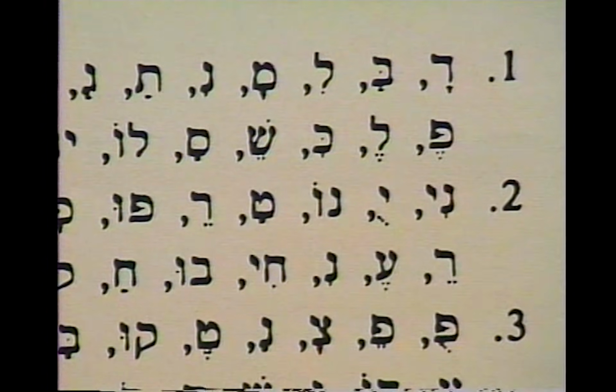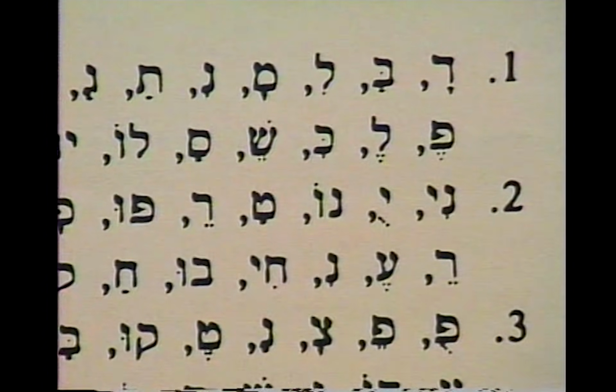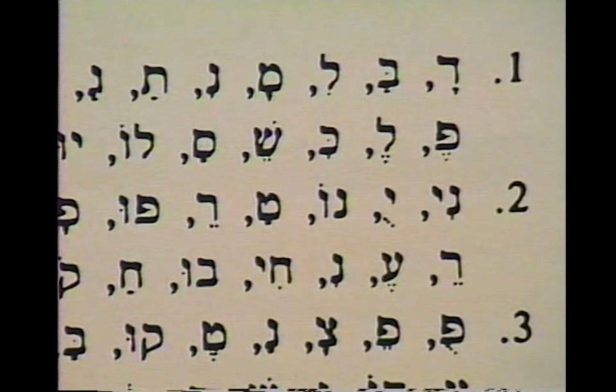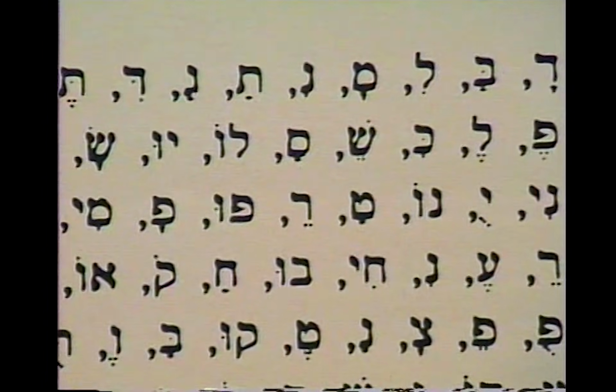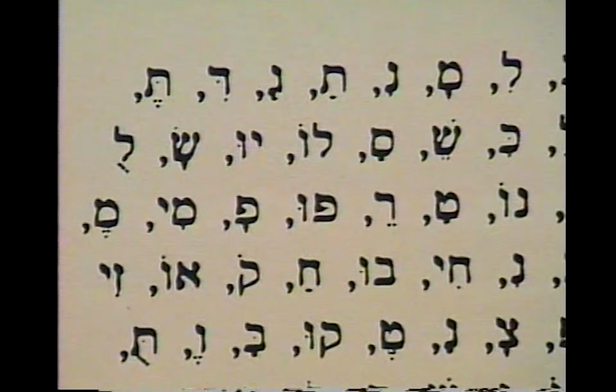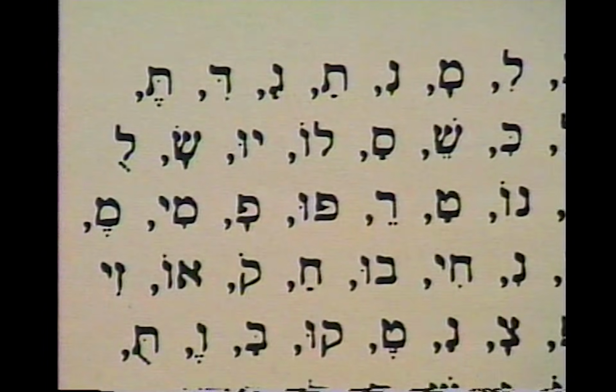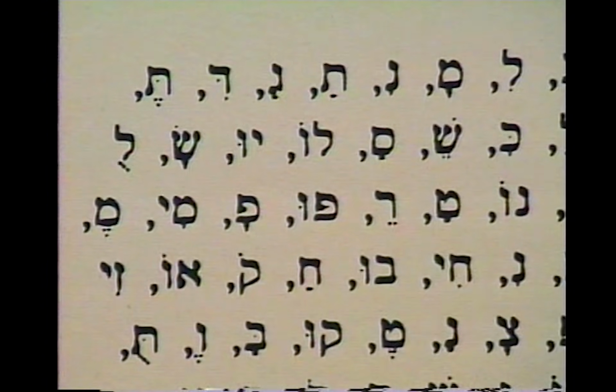All right, number 1, of course, going from right to left. Da, va, or excuse me, that has a dagesh in it, that'd be ba. Li, ma, ni, ta, ga, di, te.